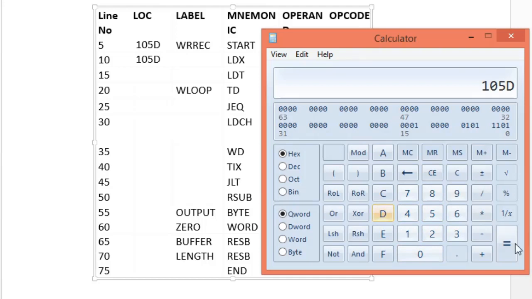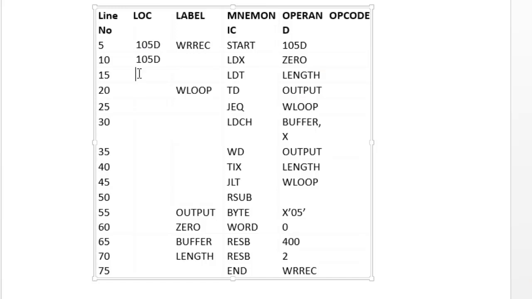Most of the times students make mistake while adding, right? So we will make use of calculator. 105D plus 3 is 1060. Similarly, LDT again occupies 3 bytes, so my next instruction will appear at 1063.